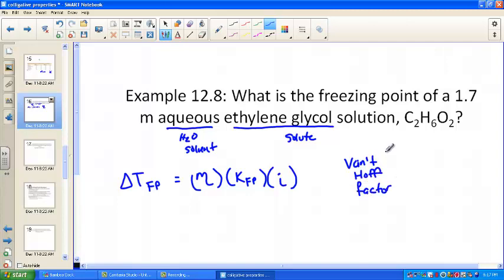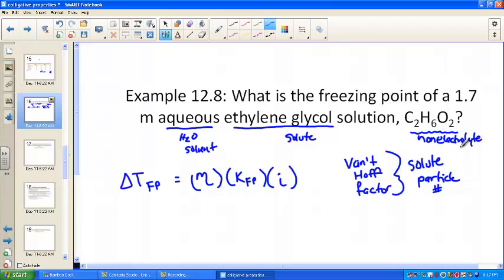How many particles dissociate from the solute? Now, C2H6O2, well, that's a non-electrolyte.